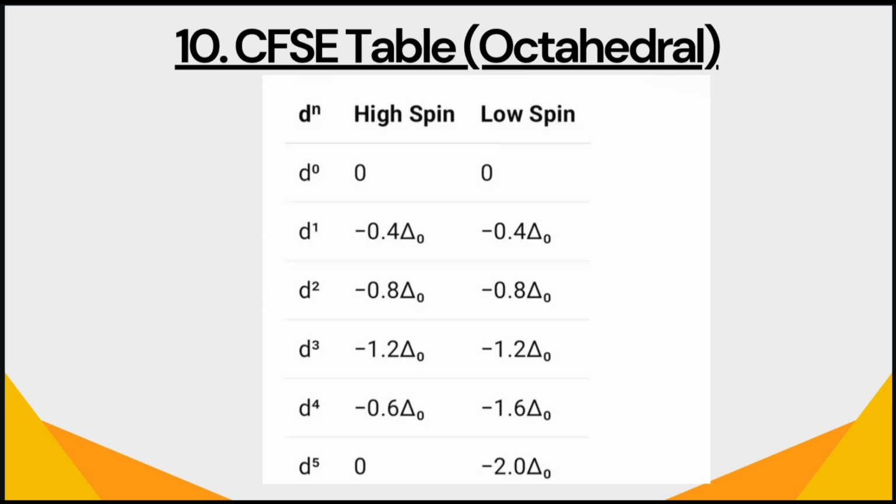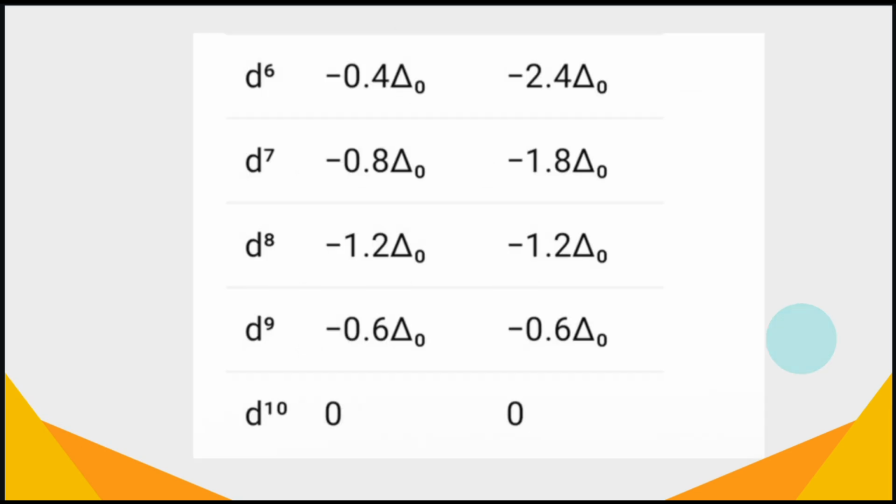For d4, high spin is -0.6 Δo and low spin is -1.6 Δo. For d5, high spin is 0 and low spin is -2.0 Δo. For d6, high spin is -0.4 Δo and low spin is -2.4 Δo.